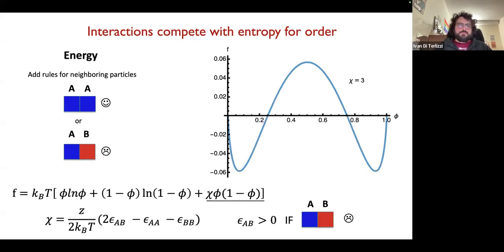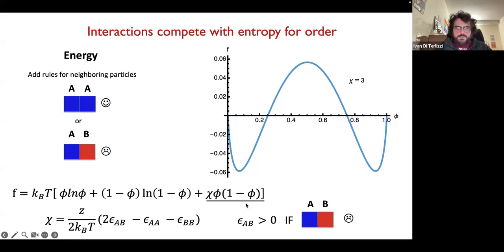So this was the mixing entropy. Now if you put in the interactions, you can build a free energy of the system which, in addition to the mixing entropy part, also has a term that accounts for the interactions between the two species.